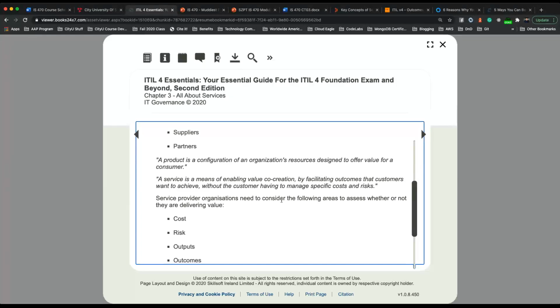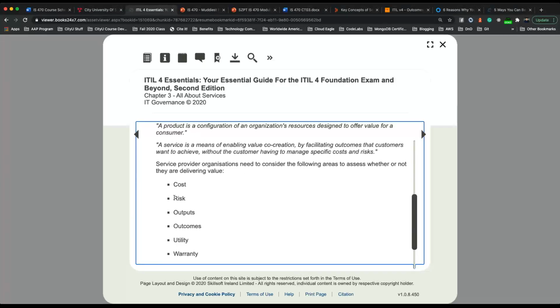Because you can pass on the risk to the service provider, right? Service provider organizations need to consider the following areas to assess whether or not they are delivering value. These are cost, risk, outputs, outcomes, utility, and warranty.